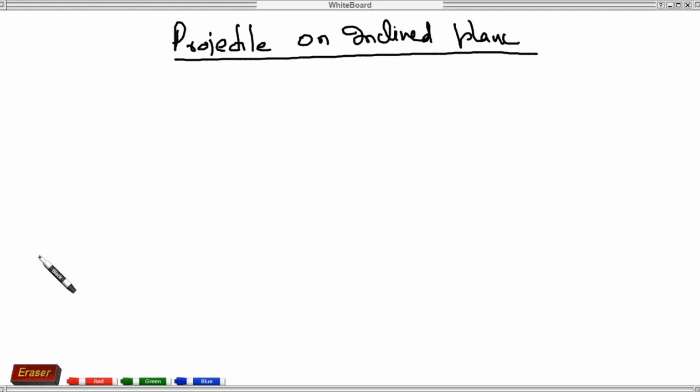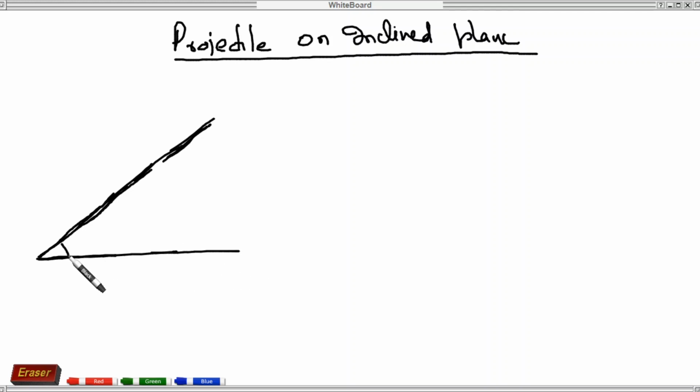So, suppose this is some plane which makes an angle theta.